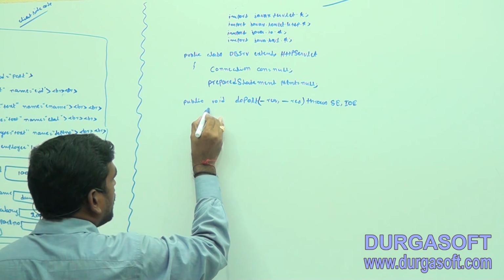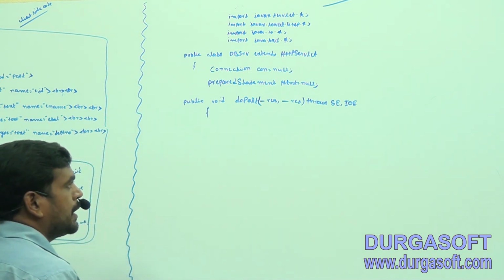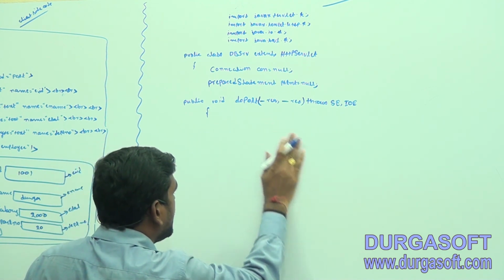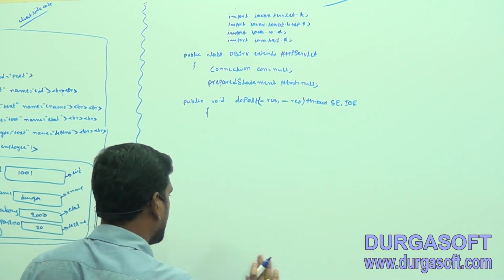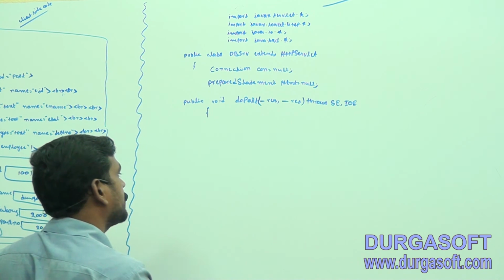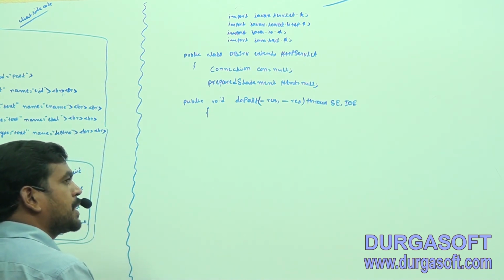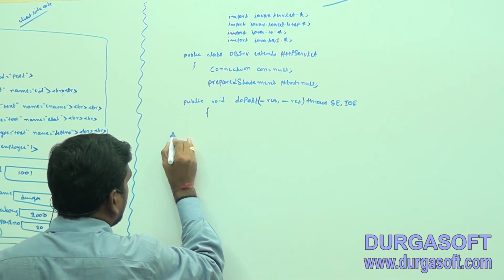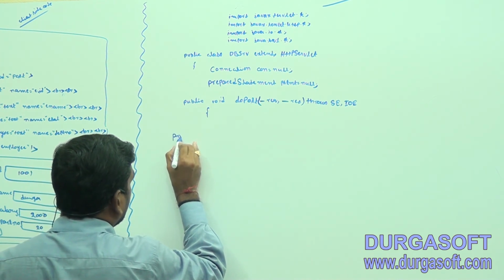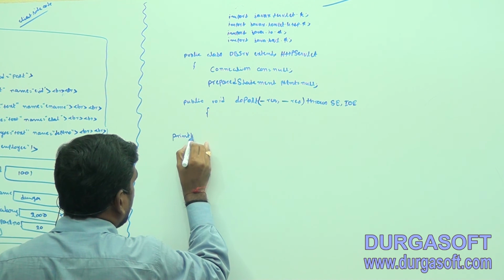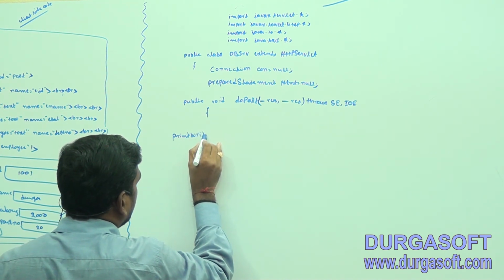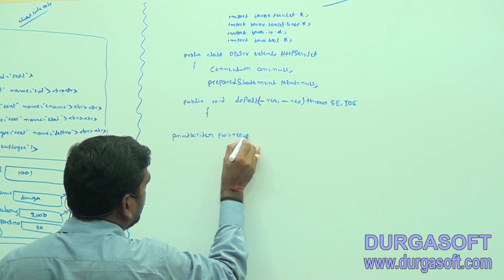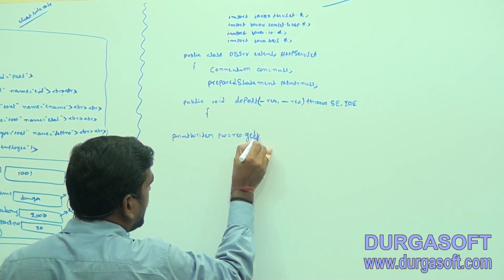Then next after that we need to get the PrintWriter object. How to get the PrintWriter object here? Just observe. So PrintWriter pw is equal to res dot getWriter.